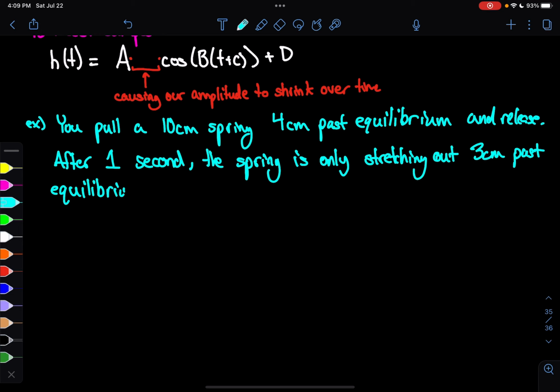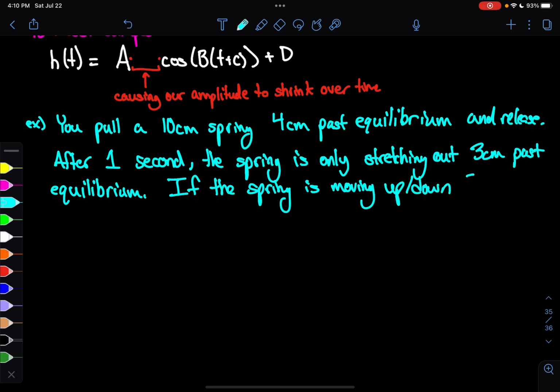So if the spring is oscillating up and down, how many times do I want? We could just say 5 times per second. Model the motion of the spring, or the position of the box.